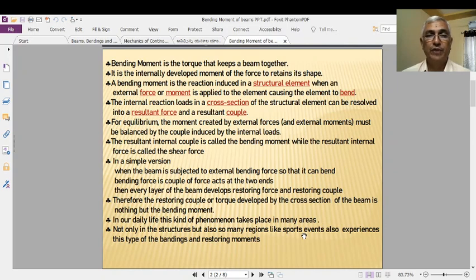These restoring forces develop in the form of a restoring couple. This restoring couple is equal to the bending couple or bending moment. I hope you will understand.